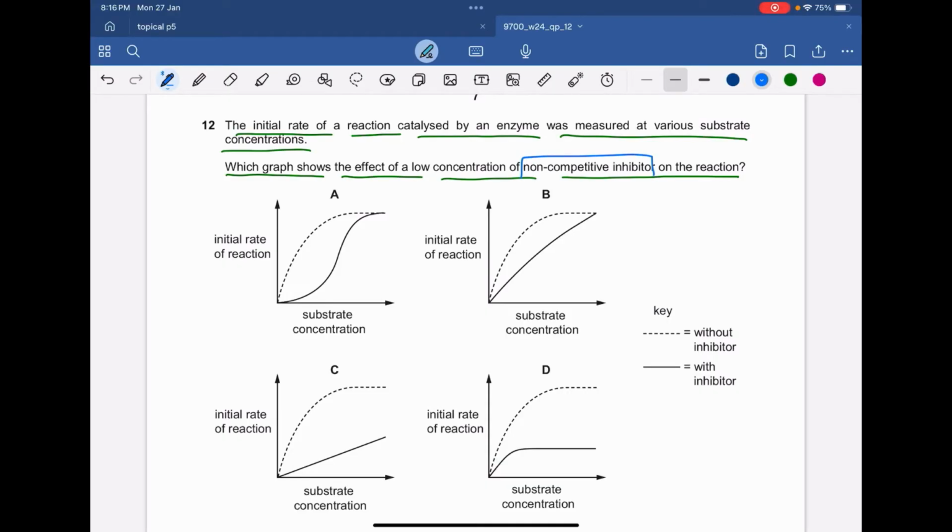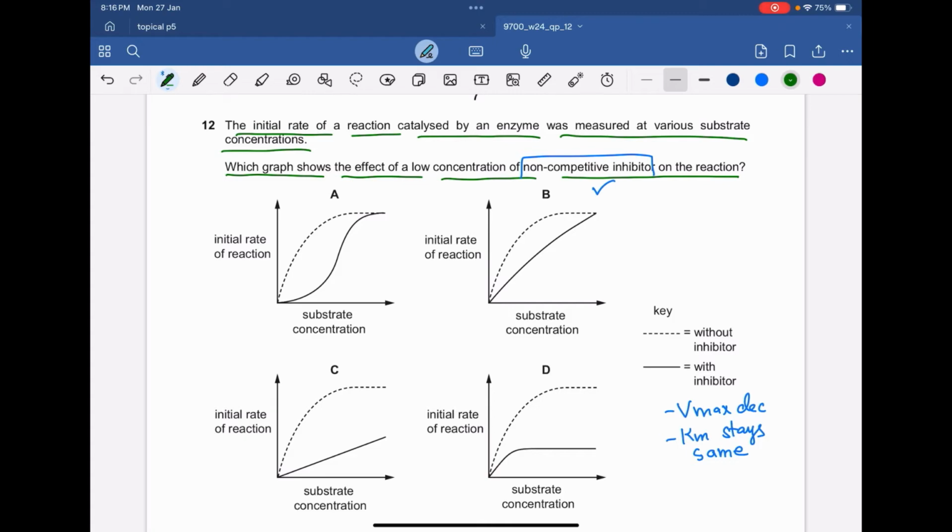We know that in non-competitive inhibition the Vmax decreases, and the Km, which is the Michaelis-Menten constant, stays unchanged, stays the same.